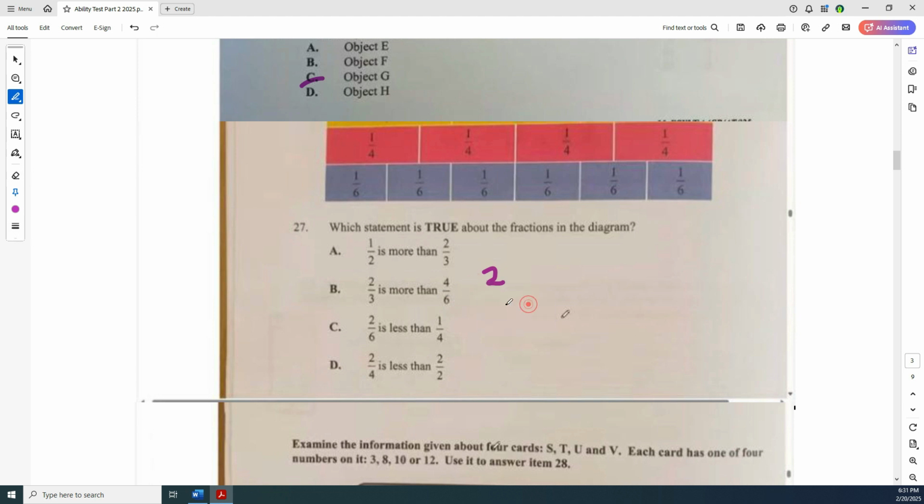So it's the same thing. It would be 2/3. So this is not more than that. 2/6 is less than a quarter. 2/6, 2 into 2, 1. And 2 into 6, 3. That's 1/3, which is not less than a quarter. So the answer would be C.